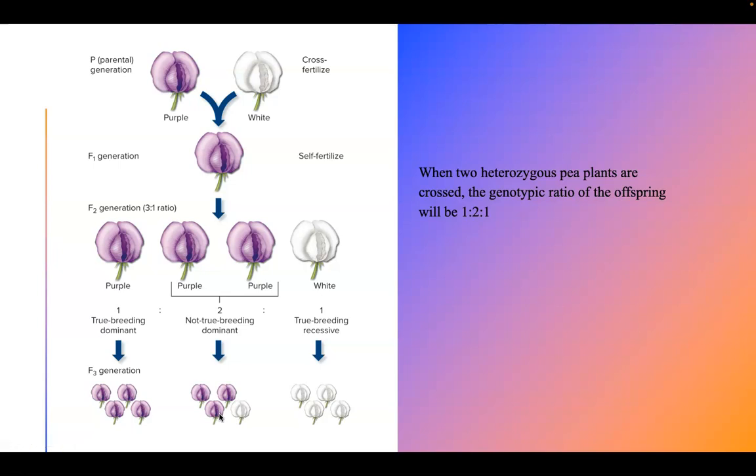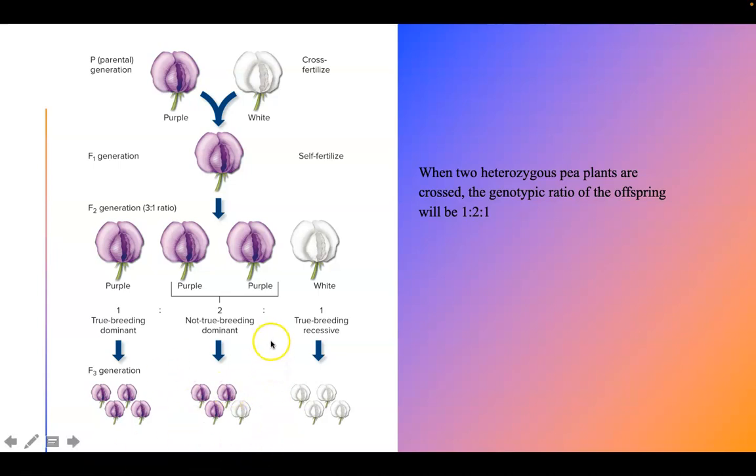But it's not that simple, because what we really have is the possibility for purple in 2 of our offspring. And then 1 of those 4 will always be purple because it is homozygous dominant. It has both of the dominant genes that match each other, that both code for purple.